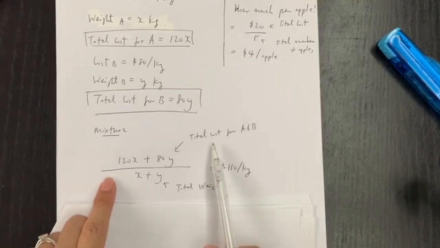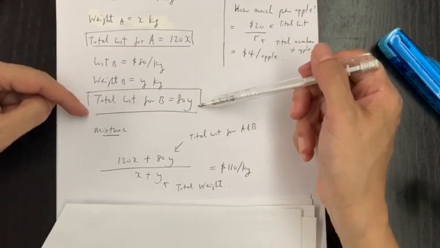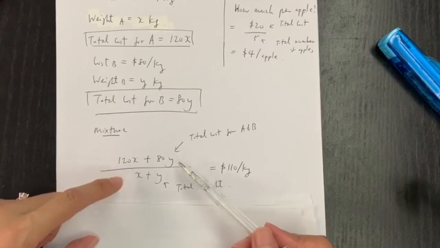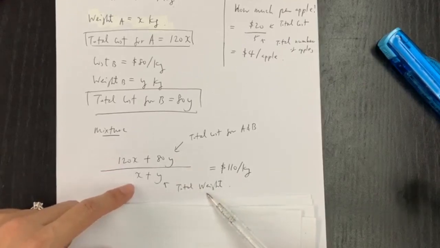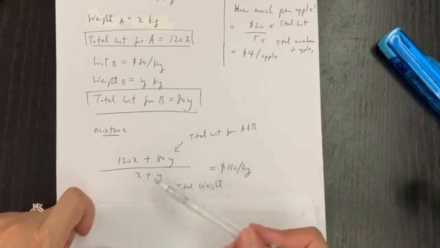We calculated the total costs for A and B before, so we put them together for the total cost and divide by the total weight, to match with how much per kg, which is 110 for the mixture. All right, so this is the equation.